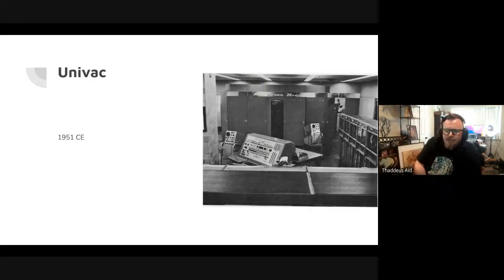Here is UNIVAC. UNIVAC was one of the first major computational systems, if I remember correctly, U.S. military, primarily used to calculate artillery projection, so that you could accurately hit the target, use fewer shells, all that stuff.